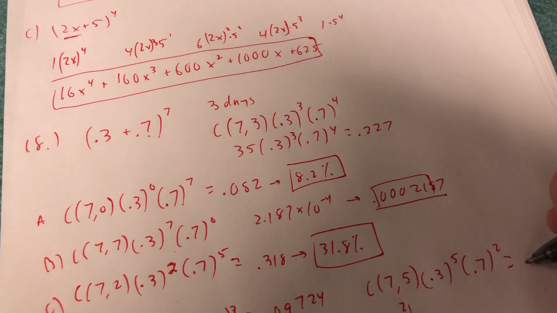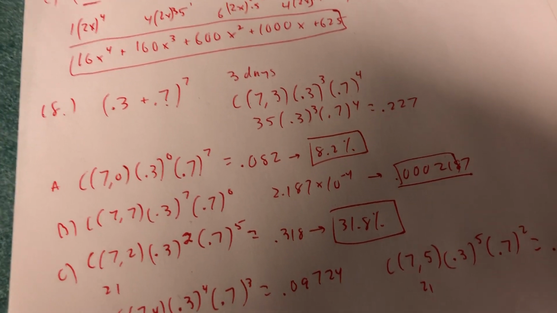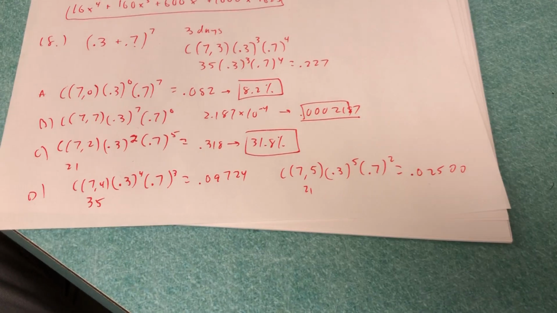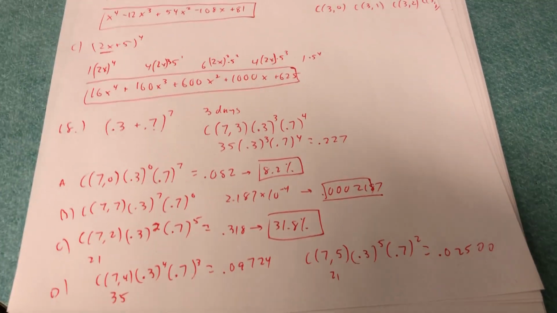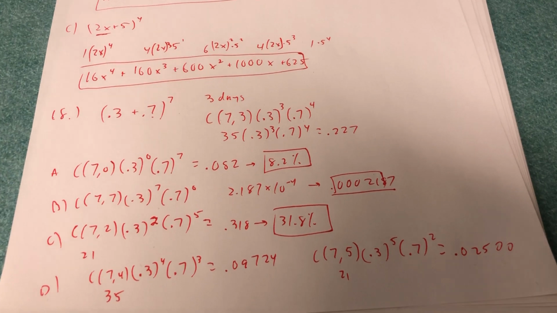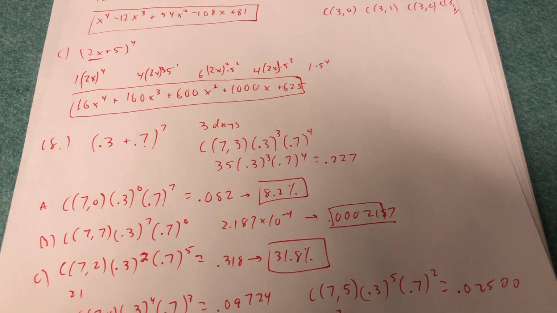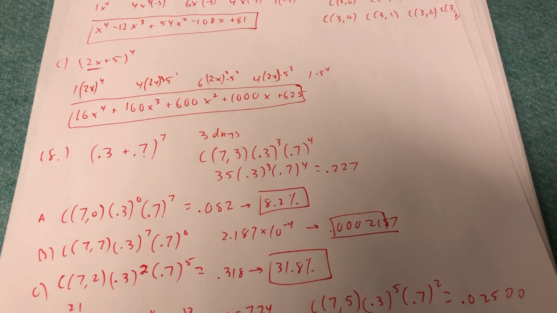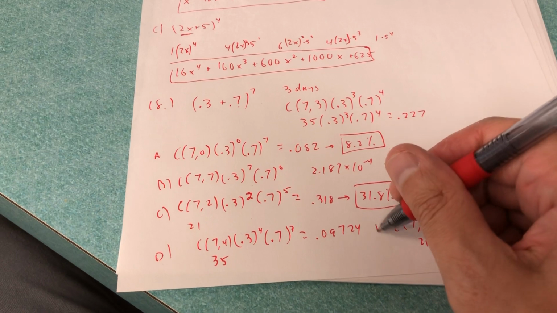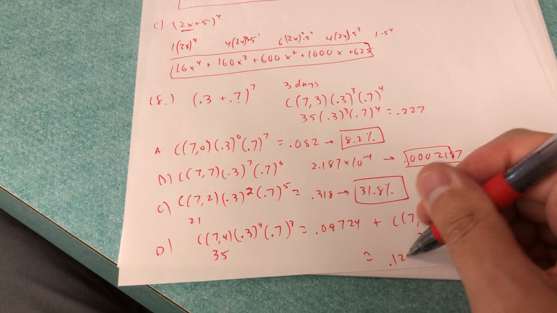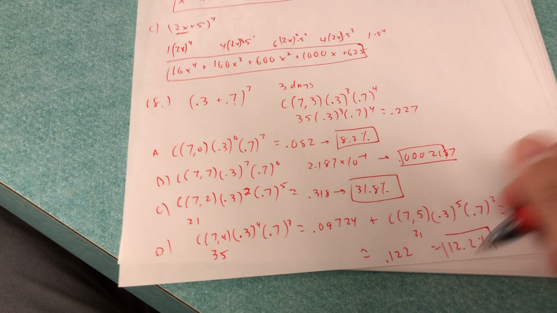And that's going to be about 0.0250047. Okay, and if we add those 2 probabilities up, because we want this, and or means that we're going to add, we add both of those up, we're going to get about 0.1222, which is about 12.2% chance of happening.